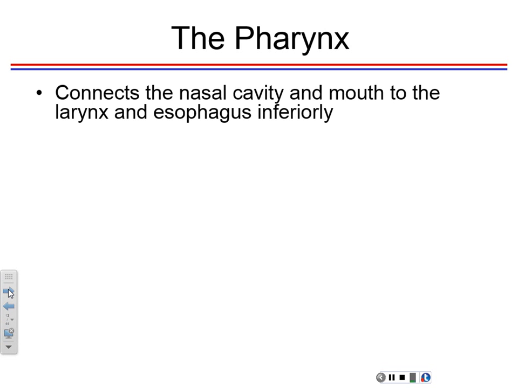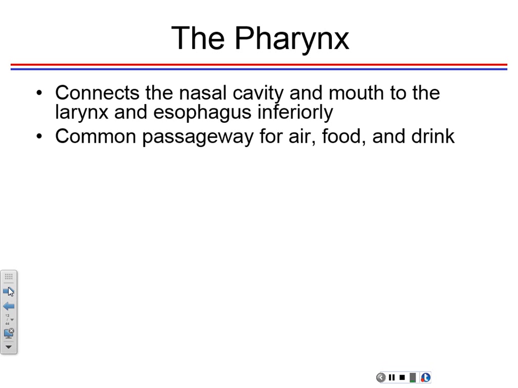So the pharynx, this throat area, connects the nasal cavity and the oral cavity to the lower digestive system and the lower respiratory system, inferiorly, to the larynx. And so you have an oropharynx, a nasopharynx, and then a laryngopharynx.